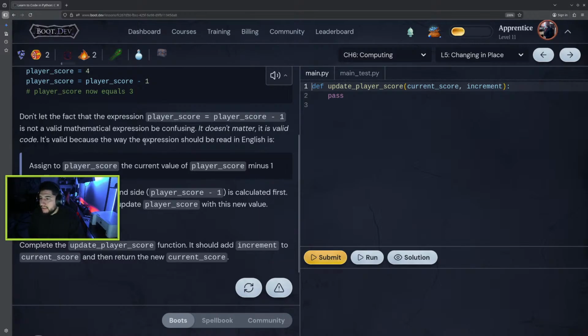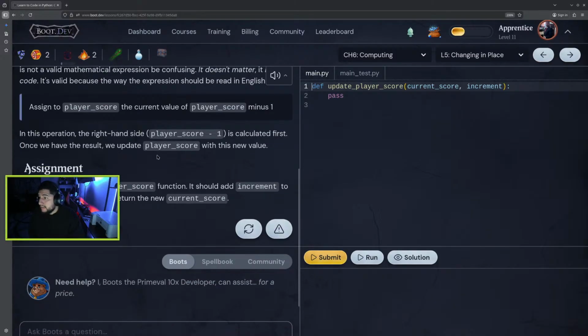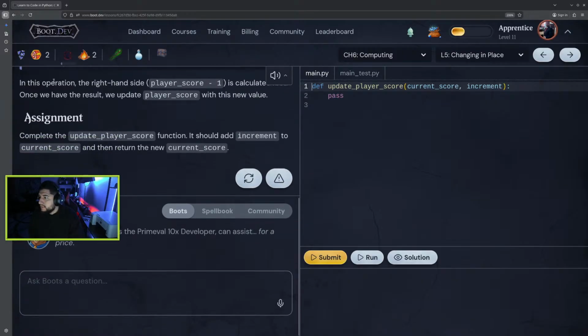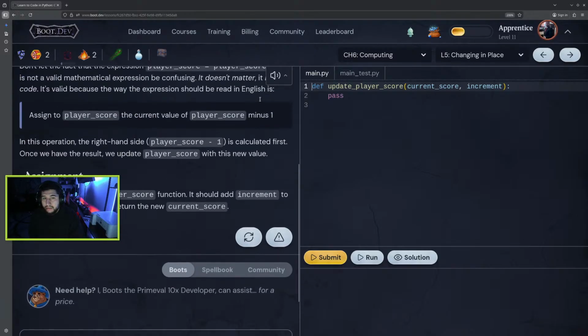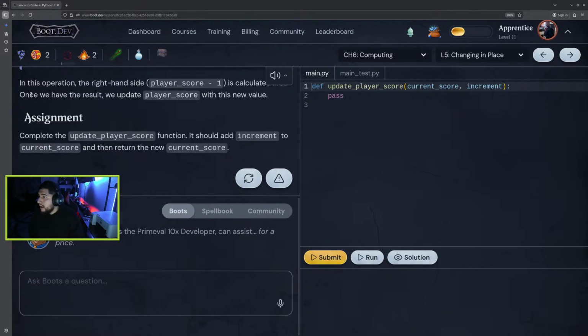It's valid because the way the expression should be read in English is: assign to player_score the current value of player_score minus 1. So in this operation, the right hand side, player_score minus 1, is calculated first. Once we have the result, we update the player score with the new value.